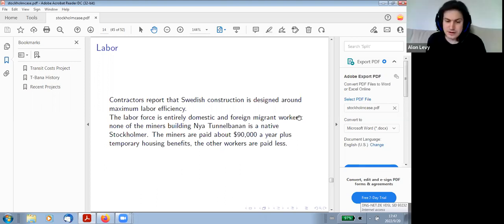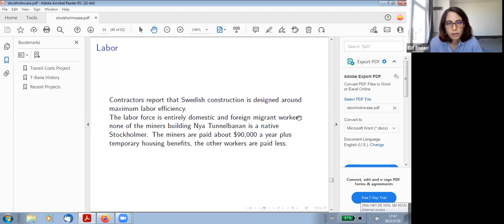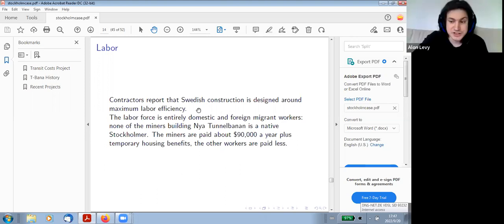Yeah, and so think about maximizing labor efficiency this way. Citybanen, according to LO, 23% of the contract value was labor, and I believe Turkey is about a similar percentage, and Italy is about the same percentage.